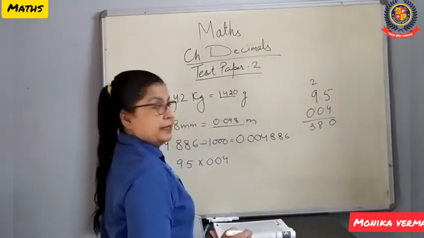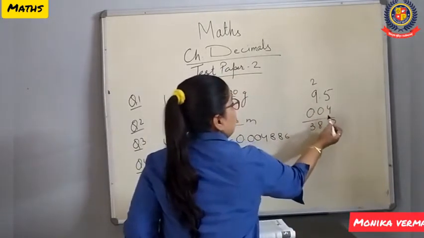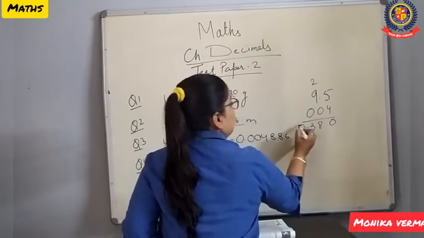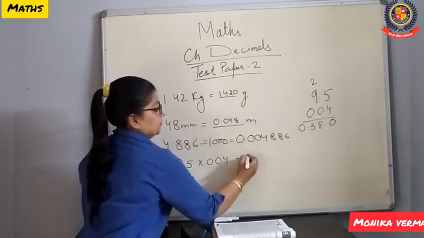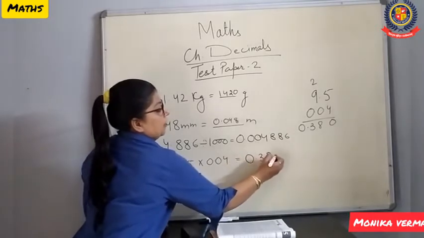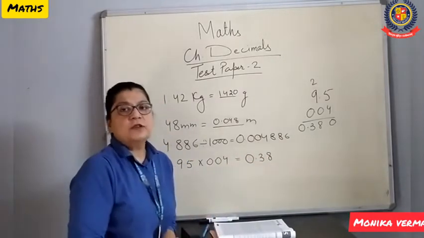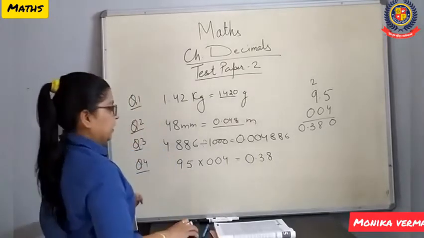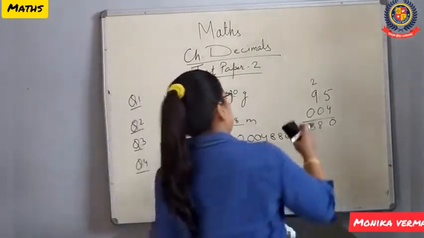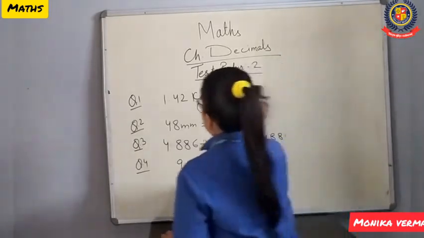And now we'll put the decimal. 1, 2, 3. We'll put the decimal: 0.38. Here we can avoid writing 0 at the end because it has no value. If you write it then it is correct, and if you don't write it, even then it is correct.